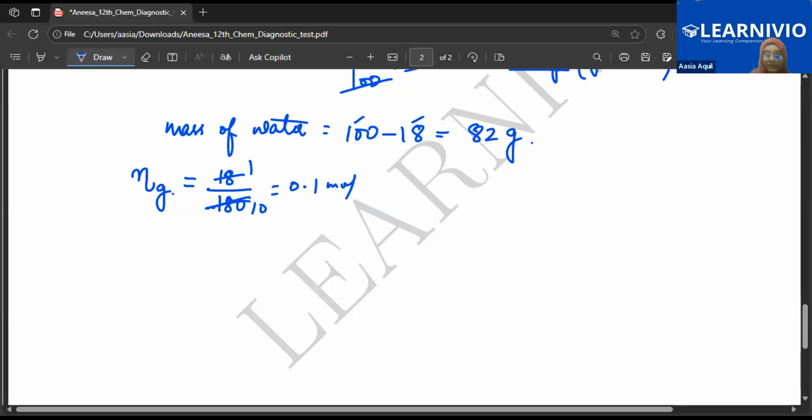Now, similarly, you can find the number of moles of water also. So tell me what is the given mass of water over here? Say 82, right? And what is the molecular mass of water? H2O, just find it.